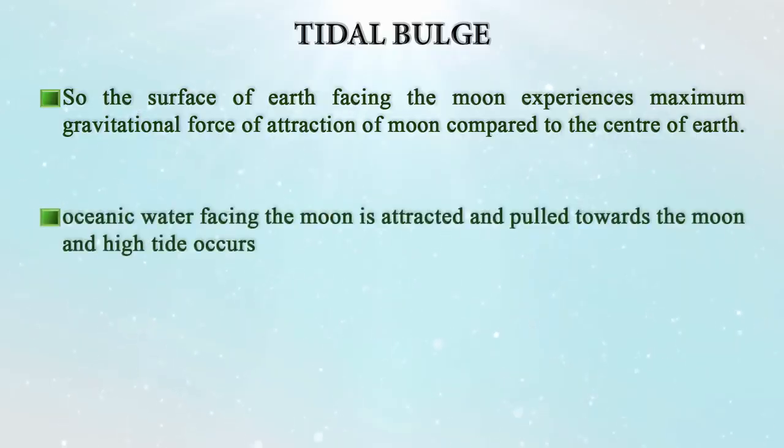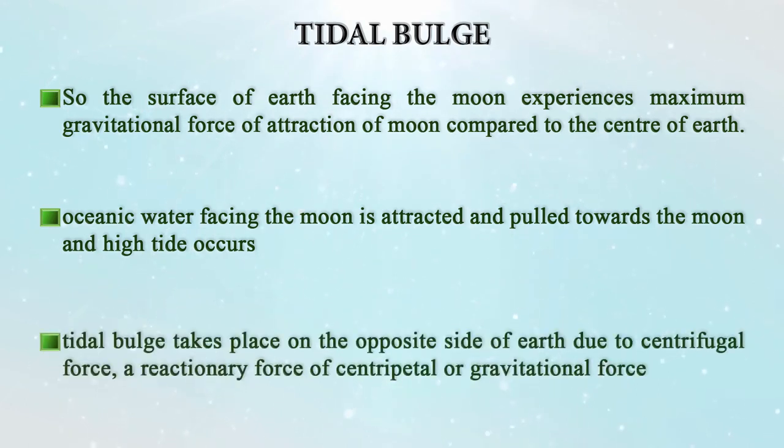So the center will experience lesser gravitational pull of the moon compared to the surface, so a tidal bulge is created on the surface. Oceanic water facing the moon is pulled towards the moon and high tide occurs.